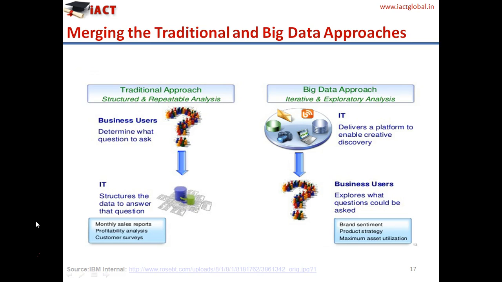They determine what question to ask, right? Now IT structures the data to answer that question. So we get a requirement, we query the data, we run a select query or something based on the requirement, and then we provide that report to the client. This is what the traditional approach was, and it still works.